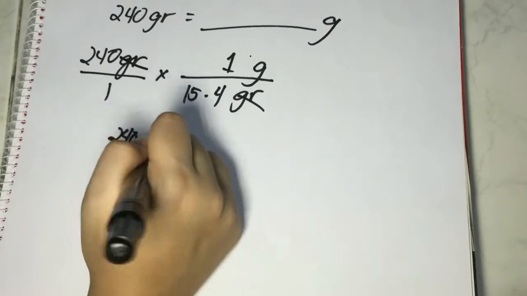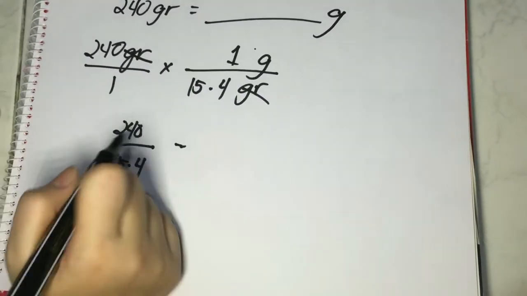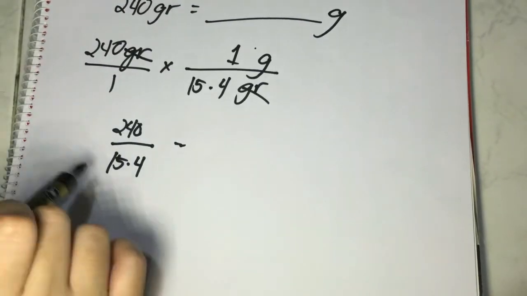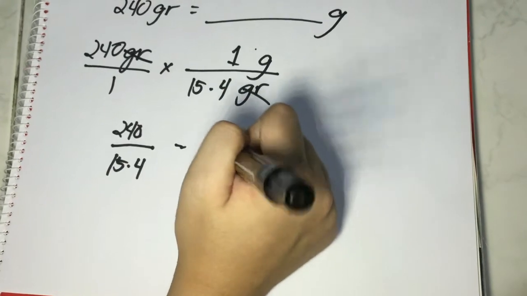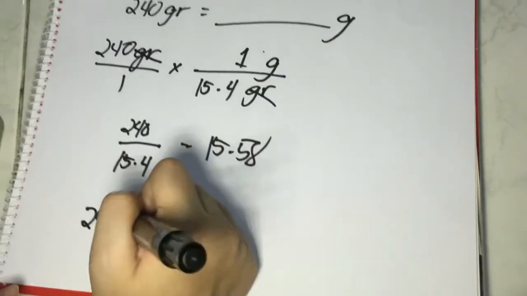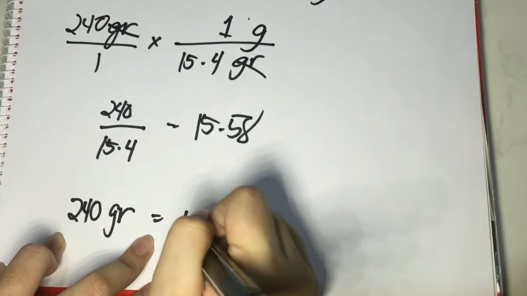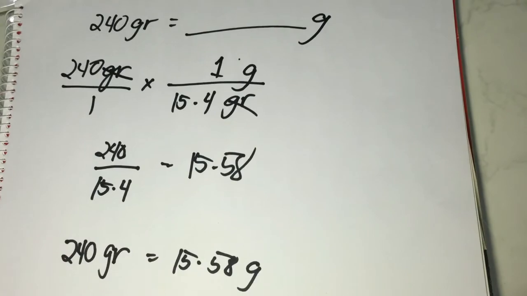Cancel same units. 240 divided by 15.4 is equal to 15.58. So 240 grains is equal to 15.58 grams. Done converting within different kinds of system measurement.